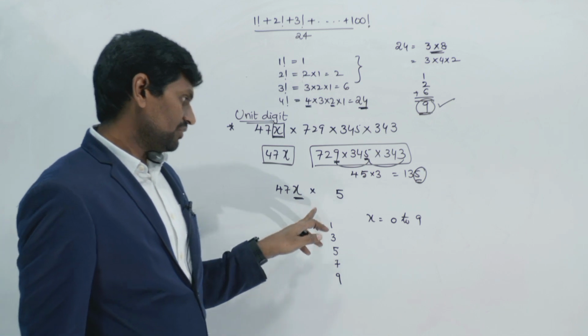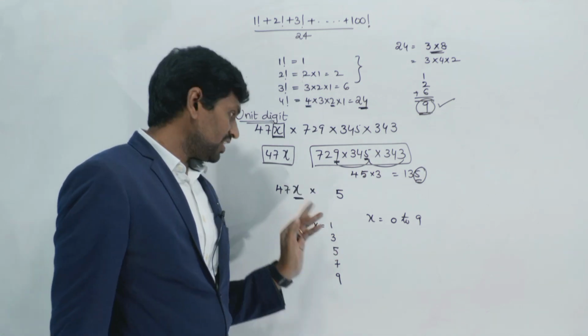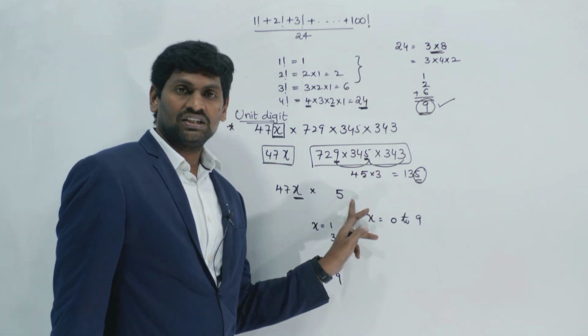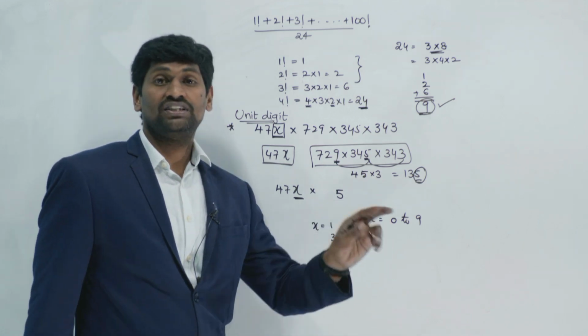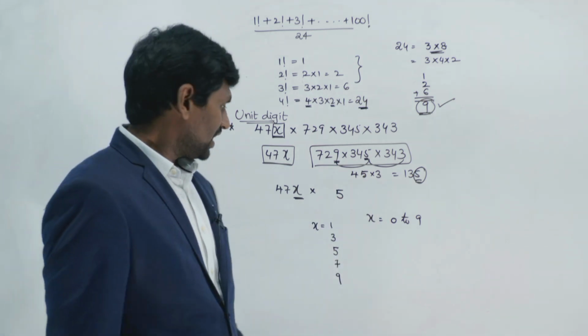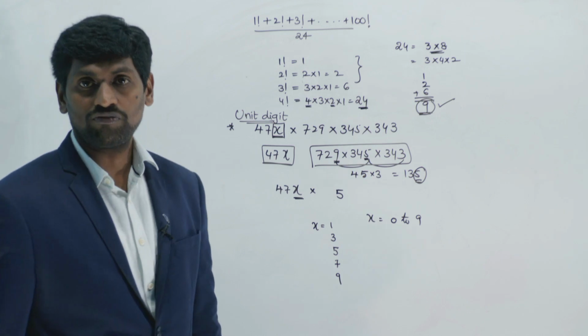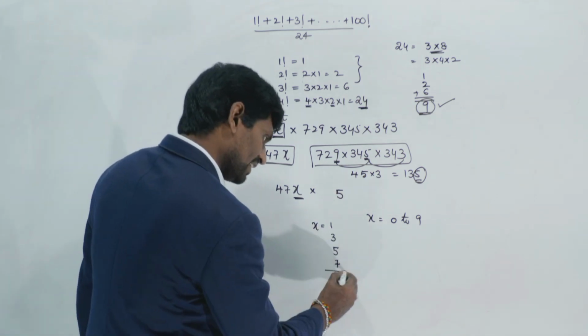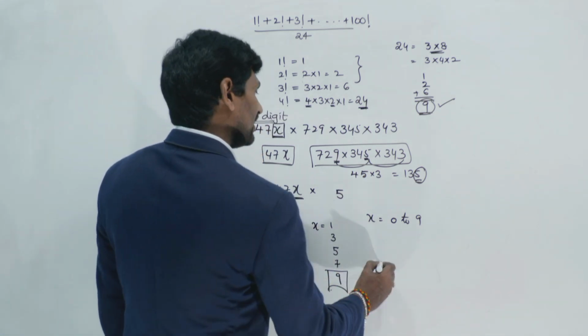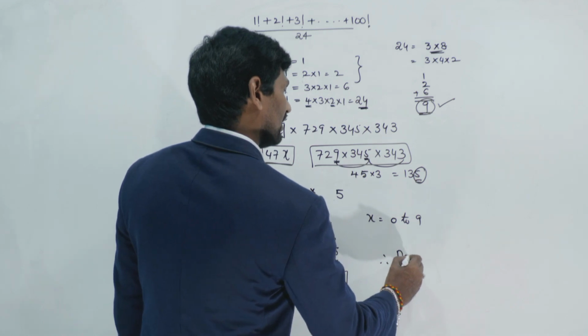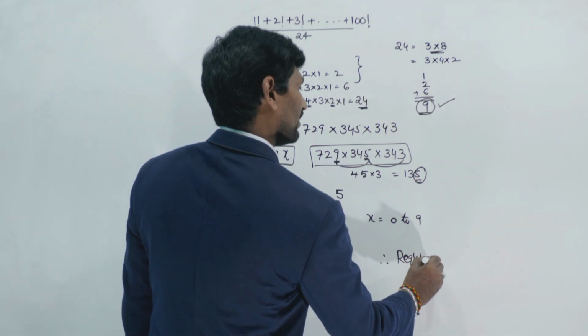Because if you take even numbers, 2 5s are 10, 4 5s are 20, ending with the unit digit 0. That's why we should take the odd possibilities. Among them, the highest value is 9.